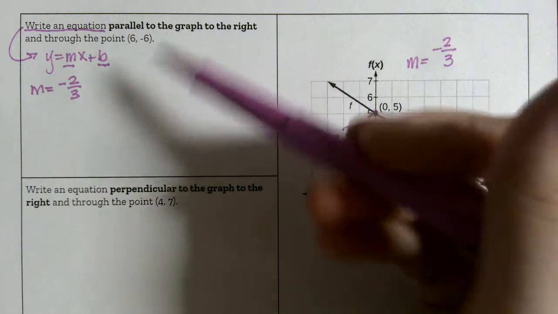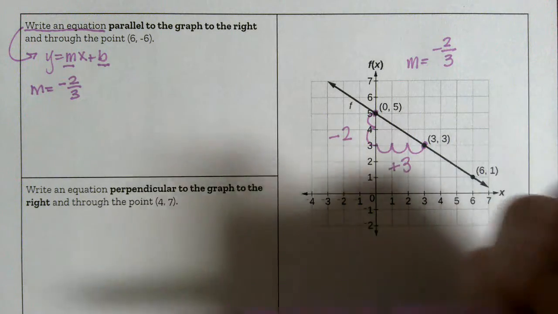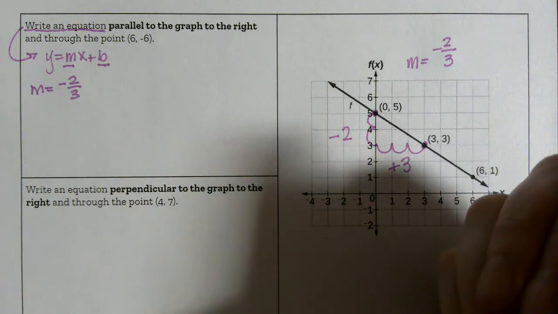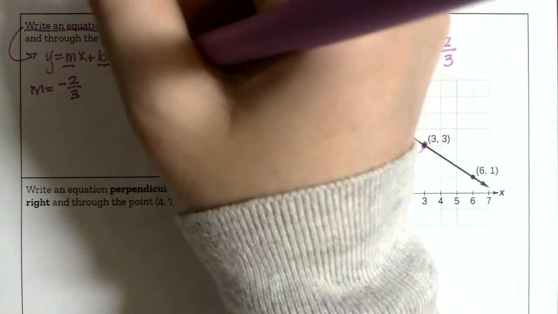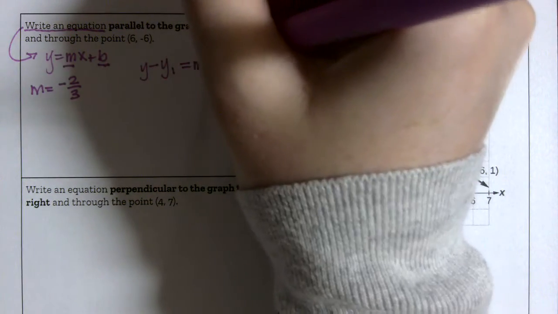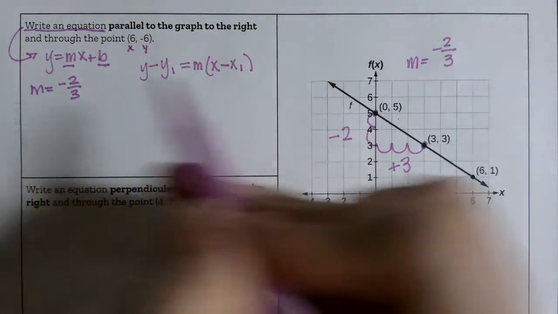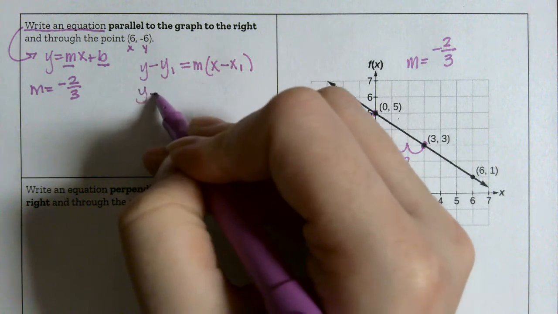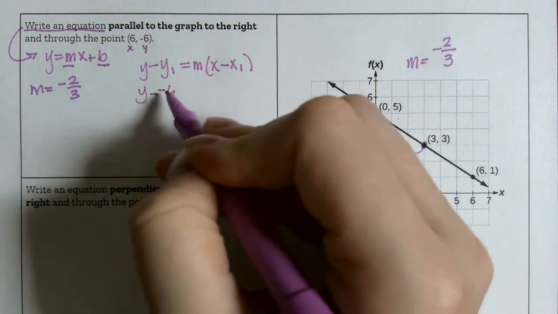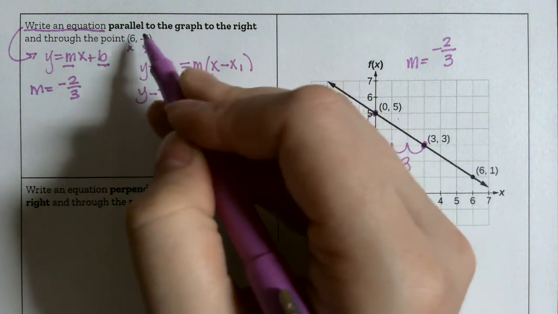I'm going to do point slope form for this first one, and then I'll do y equals mx plus b for the second one, so you can see both methods. So for point slope form, this is our formula. And I'm going to plug in my x, my y, and my m. So my y goes here. You should have two negative signs, one from the equation and one from the 6.